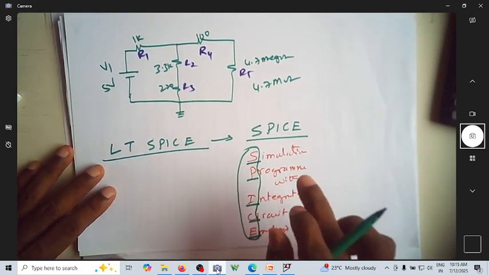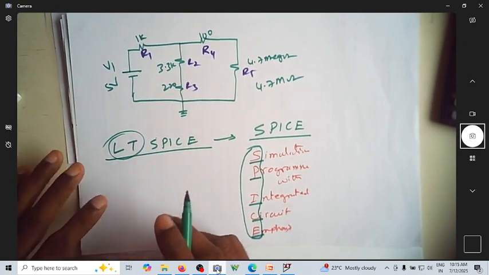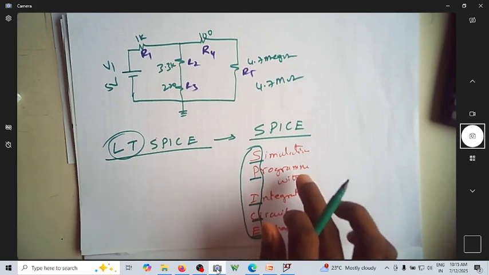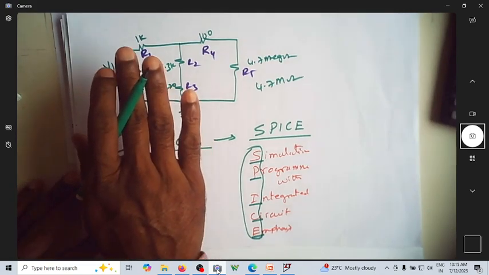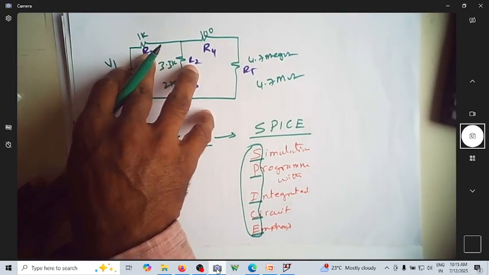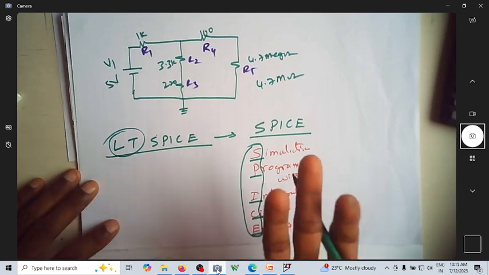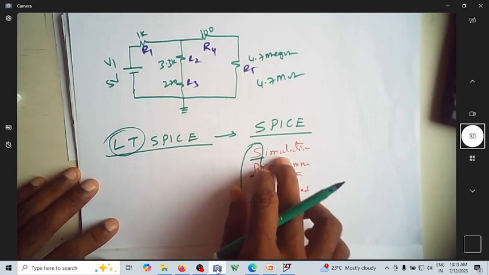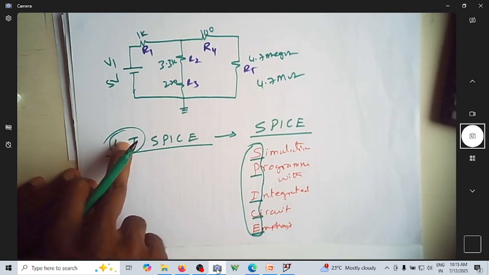Even though it is a simulation program, LTspice has a graphical interface. Of course, we are not writing any code here. We are not writing any program to do the circuit analysis, but we are drawing the circuit diagram. This circuit diagram will be converted into a program before it starts doing the analysis. This conversion from circuit to program is done within the LTspice simulator.